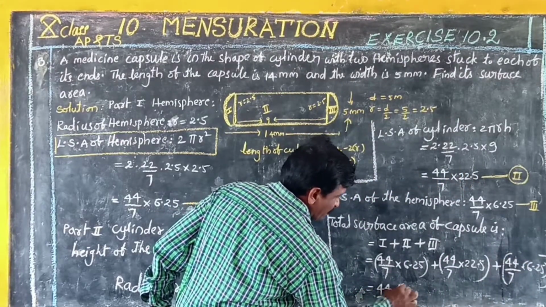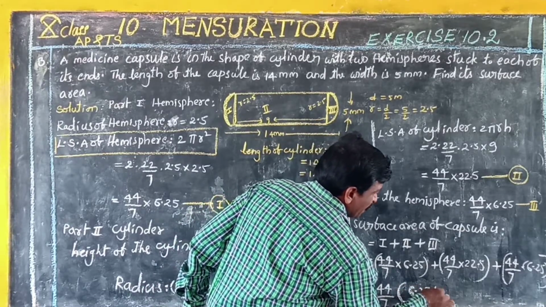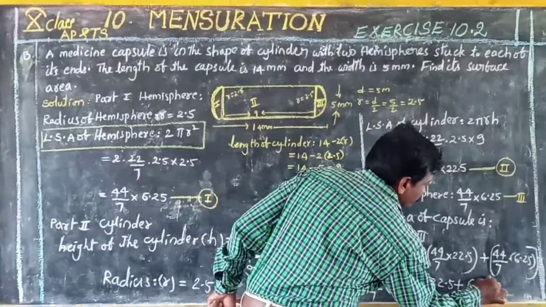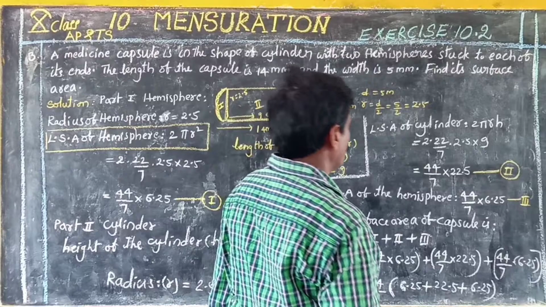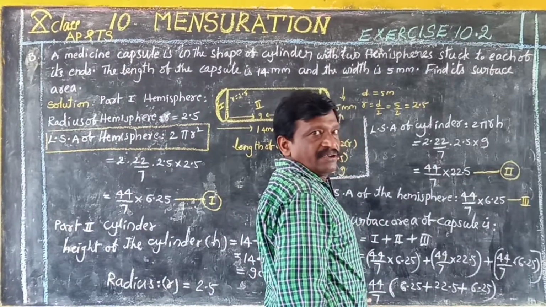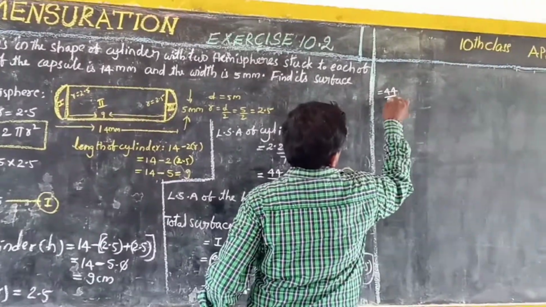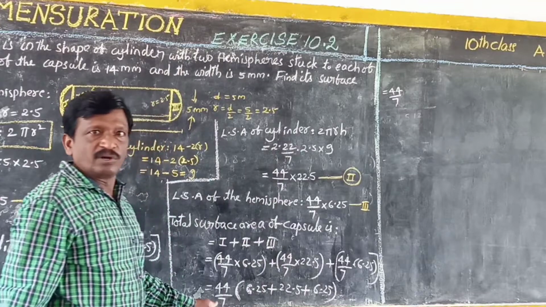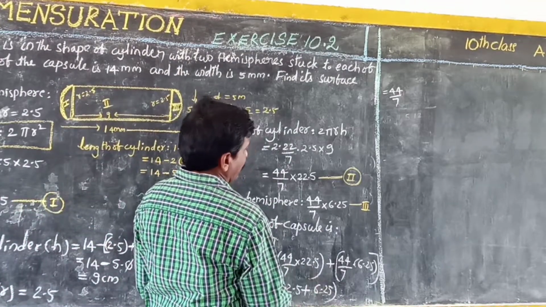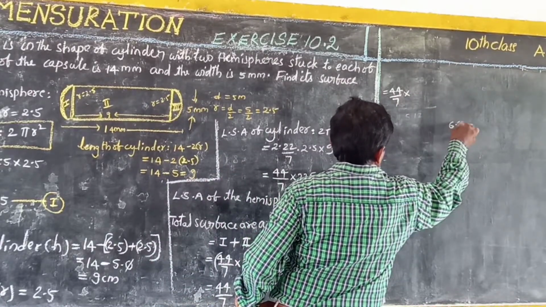Taking 44 by 7 common: 6.25 plus 22.5 plus 6.25.